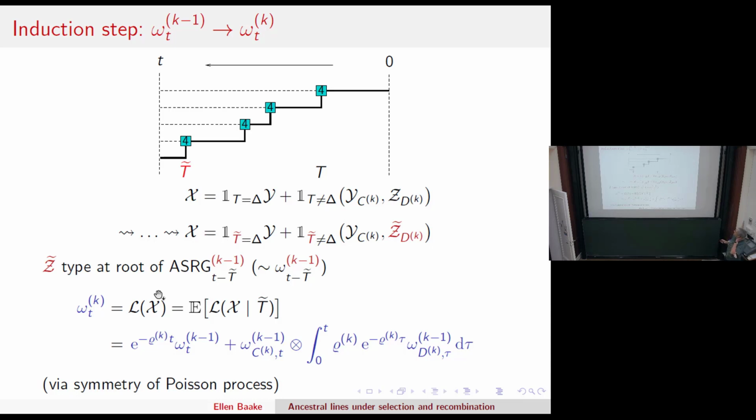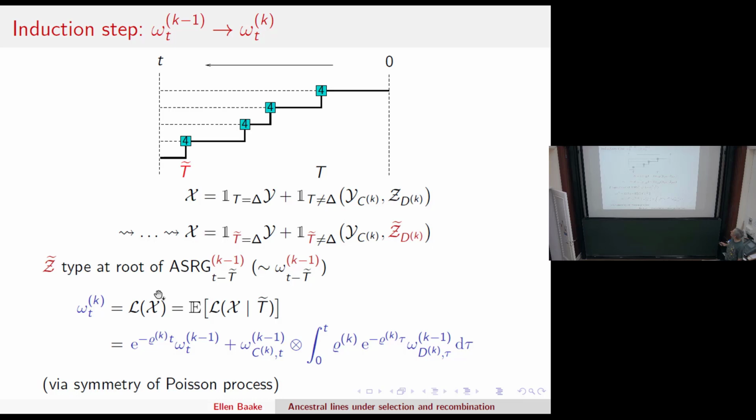And then it's clear what is happening. So 2 things can happen. Either there is no 4 square on that line, then x is simply y, because nothing has happened, or you have such a 4 square, let t tilde be the time where the last 4 square appears, and then you combine the head of y with the tail of z tilde, so z tilde is the type at the root of this graph at this point.